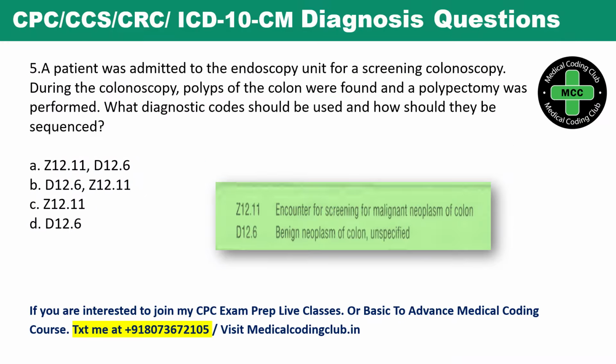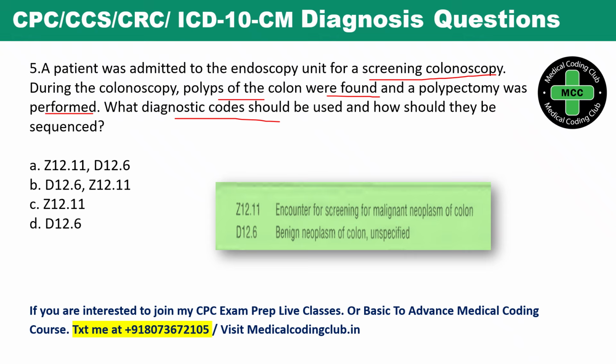So last question. Patient was admitted to the endoscopy unit for screening colonoscopy. During the colonoscopy, polyps of the colon were found and polypectomy was performed. What diagnostic code should be used and how should they be sequenced?